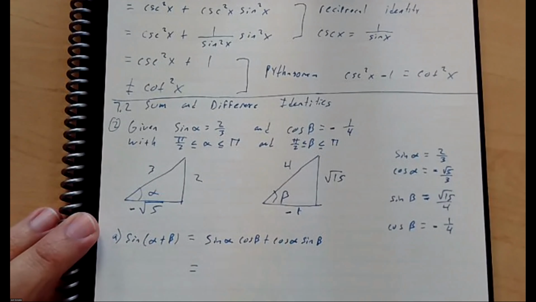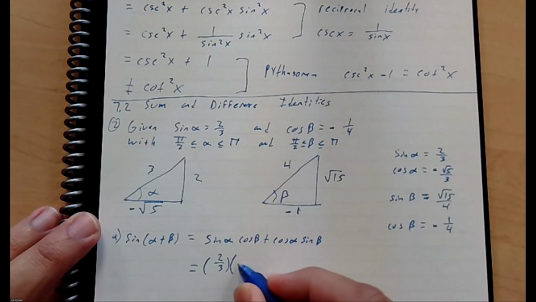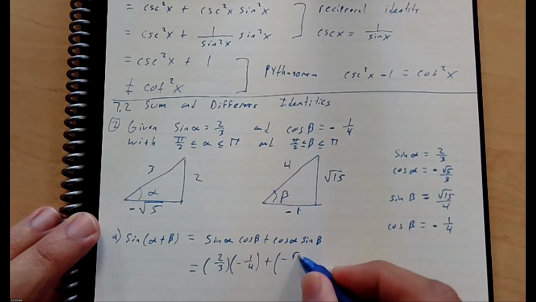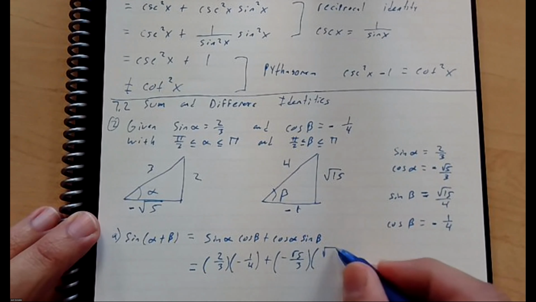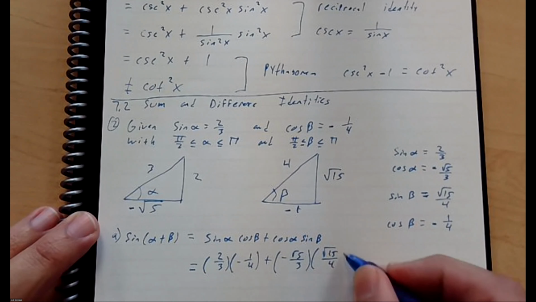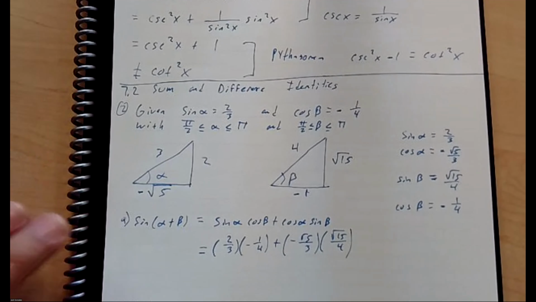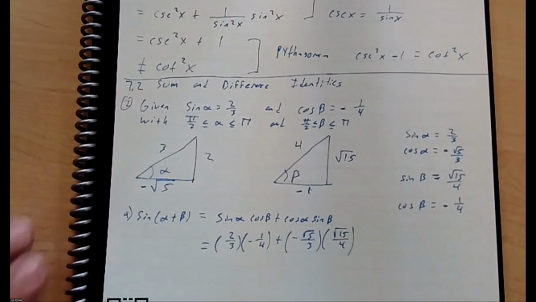That will be equal to 2/3 times -1/4 plus -√5 over 3 times √15 over 4. Is that straightforward? Is that okay?